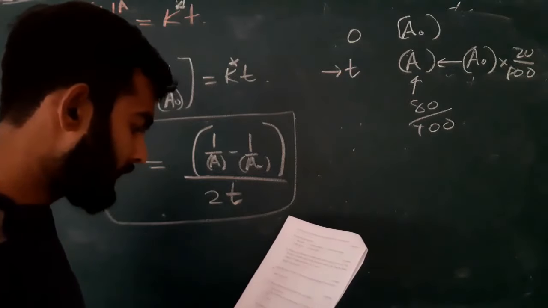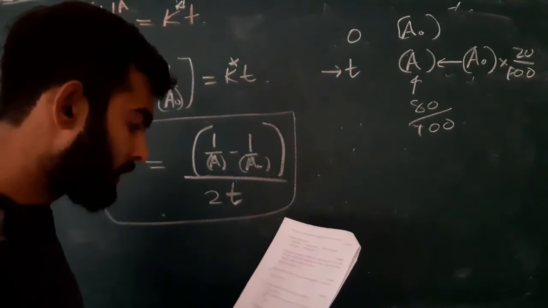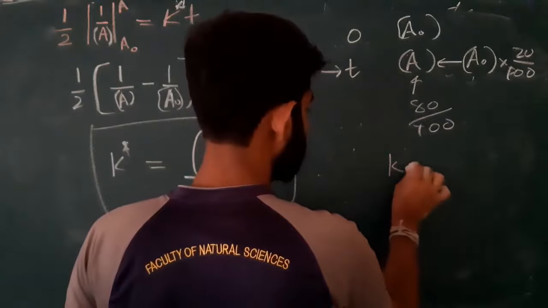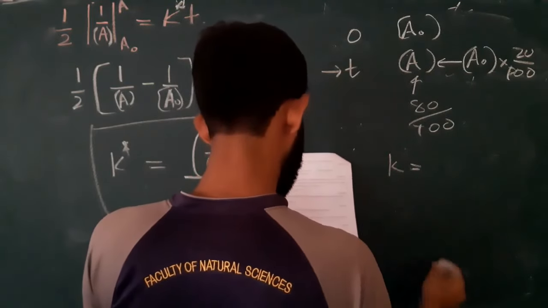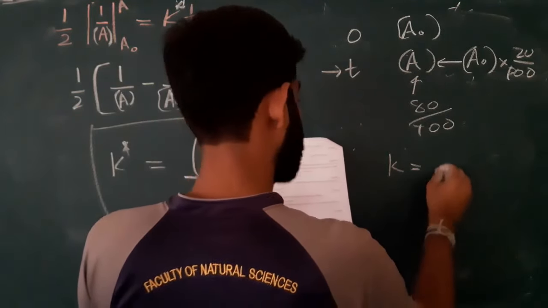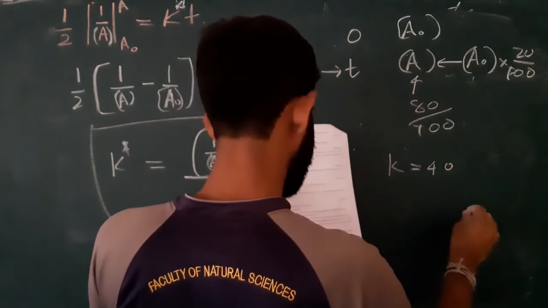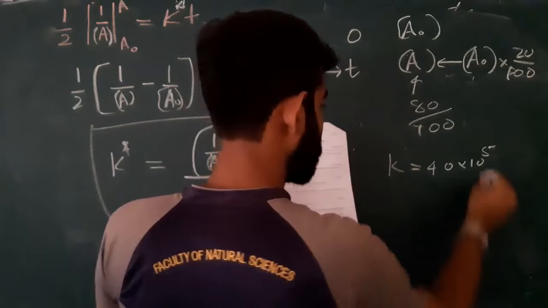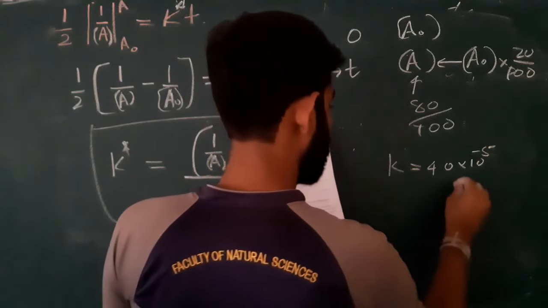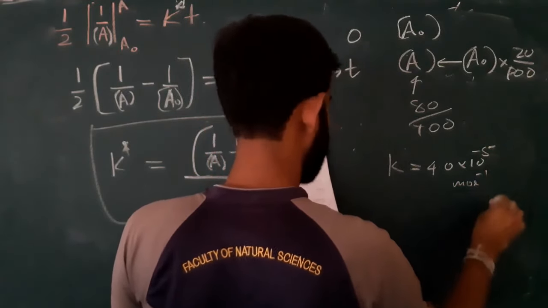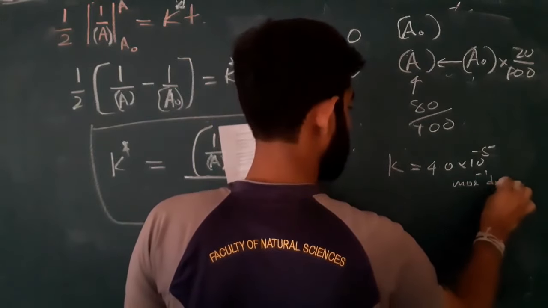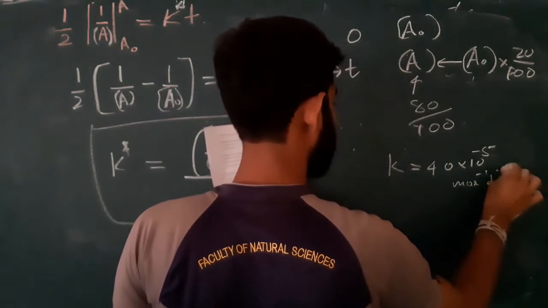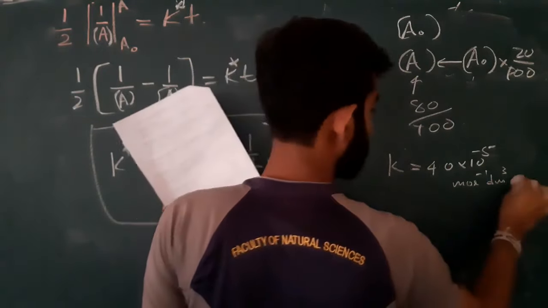Calculate the corresponding time taken, if the rate constant is given also: 4.0 times 10 to the power minus 5 per mole per decimeter per minute.